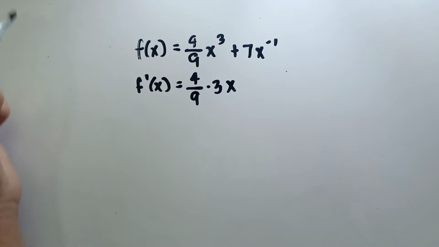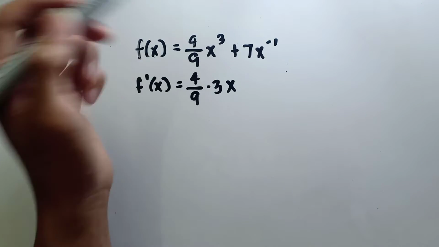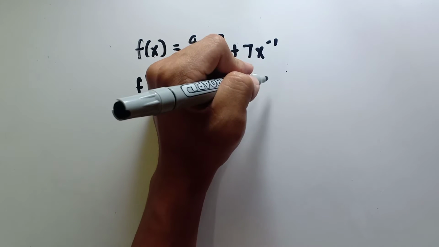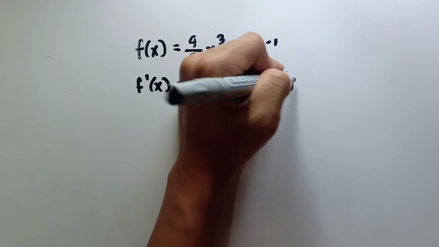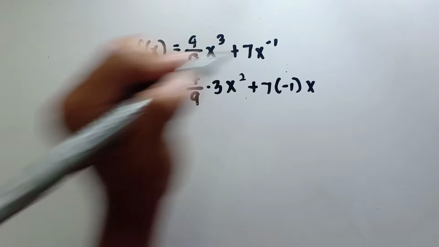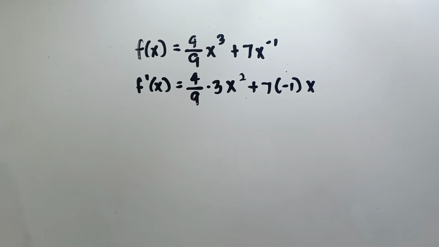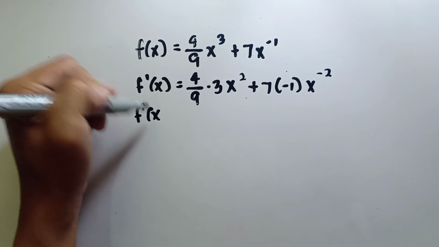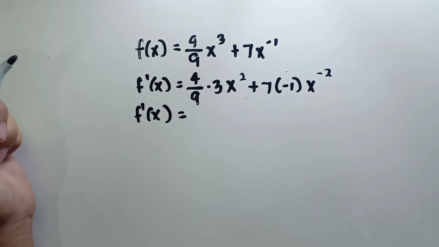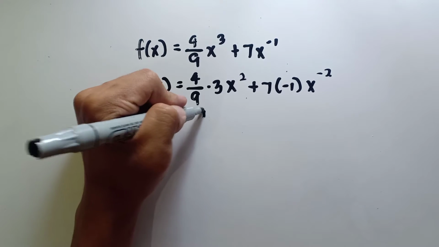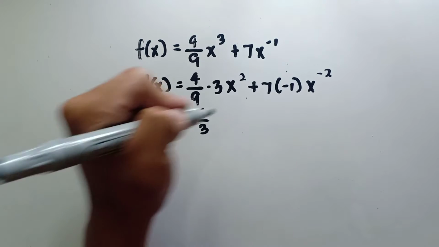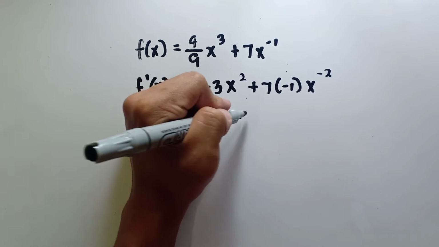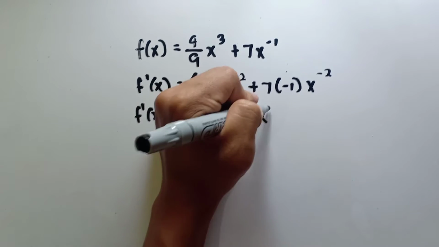So we can just simplify and do it mentally. 3 minus 1 is just a 2, plus 7 multiplied by negative 1, and x, negative 1 subtracted by 1 is just a negative 2. So f prime of x, 4 over 9 multiplied by 3 is just a 4 over 3, x squared, 7 multiplied by negative 1 is just a negative 7, x raised to negative 2.